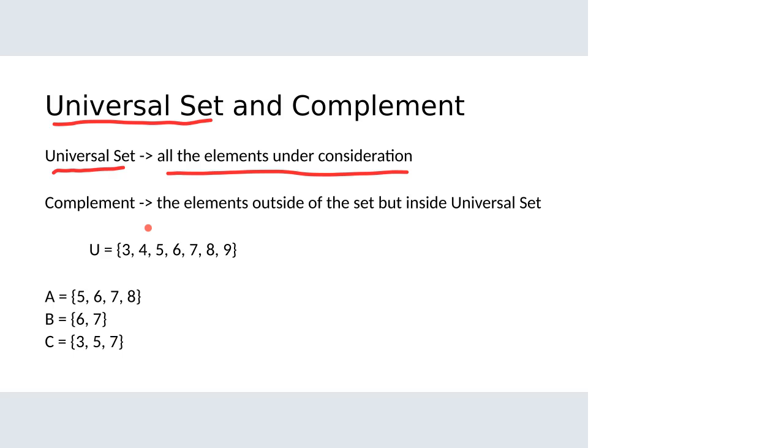This is the one idea that does sometimes cause a little challenge for students, and that's the complement of a set. The complement of a set is the elements that are outside of the set, but inside the universal set. So the complement of a set is everything that's outside the set, but inside the universal set.